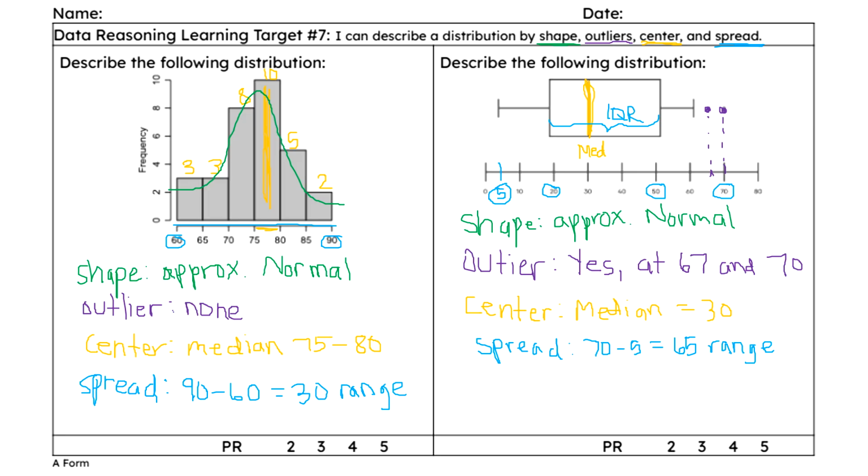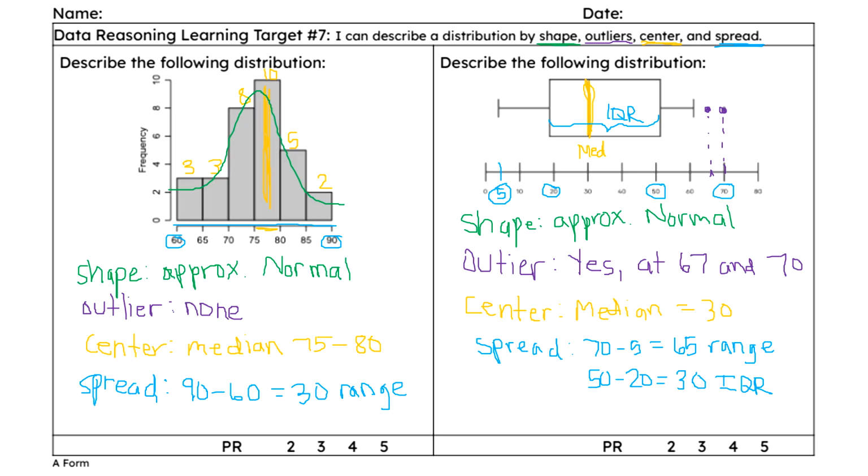And it's the distance of the box. So your IQR goes from 20 to 50. So let's find the distance there. 50 minus 20 is 30, which means my IQR is 30. That's where the middle half of the data is. So the middle 50% of the data is 30 apart.